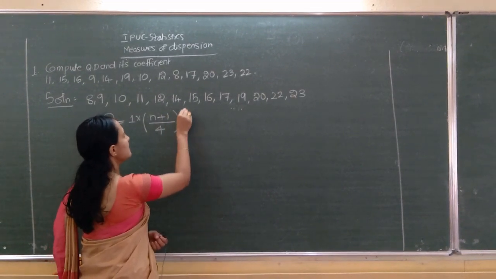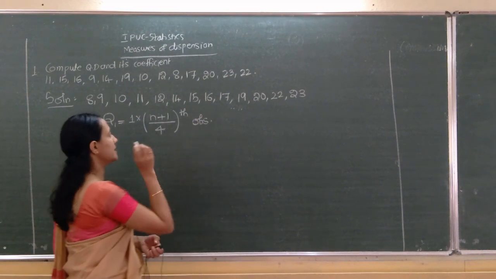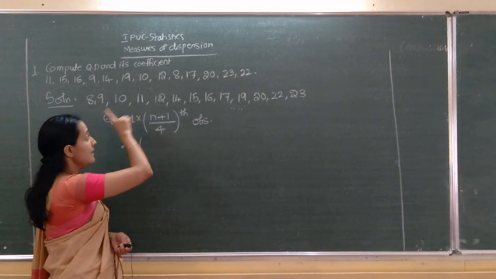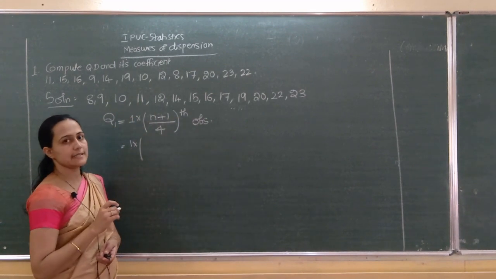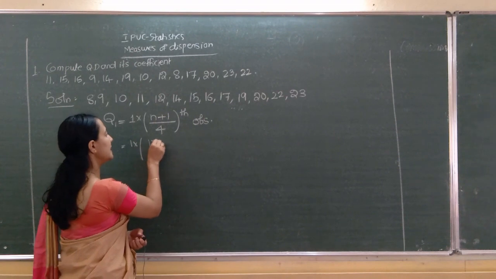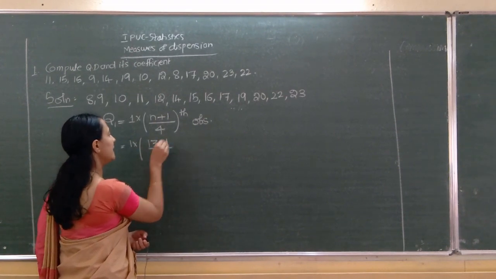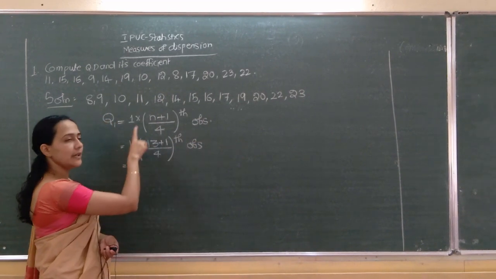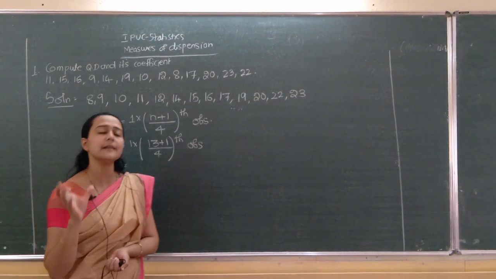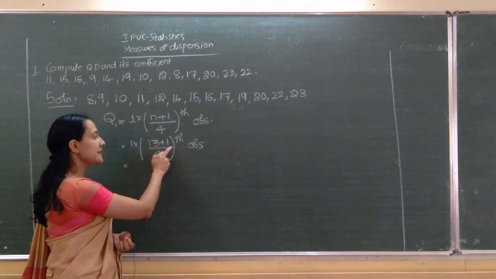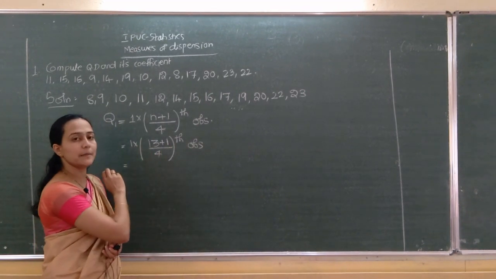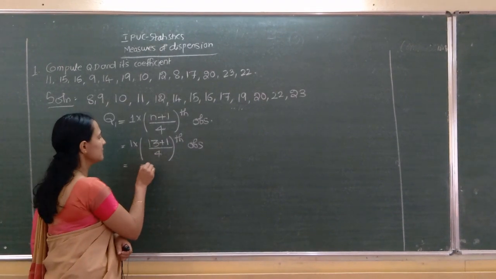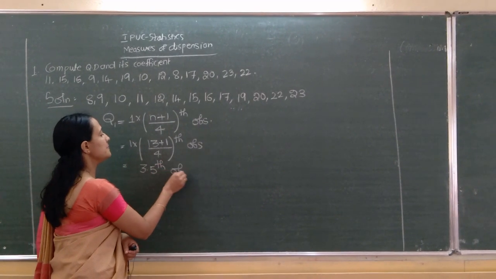Q1 is the 1 into (n plus 1) by 4th observation, where n is the number of observations. The number of observations is 13. So 13 plus 1 is 14, and 14 divided by 4 is 3.5, so the 3.5th observation.